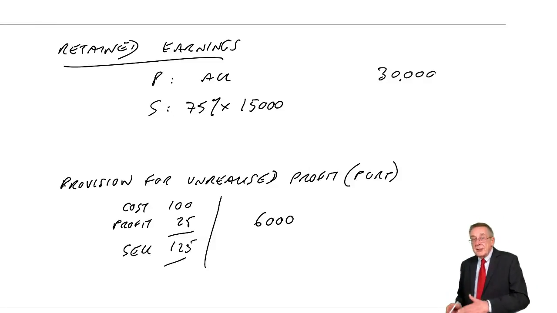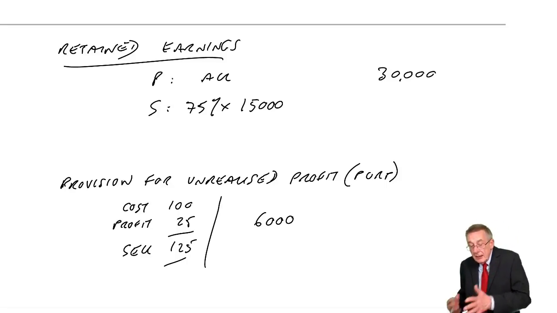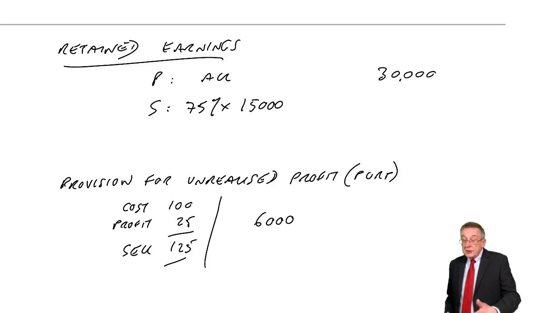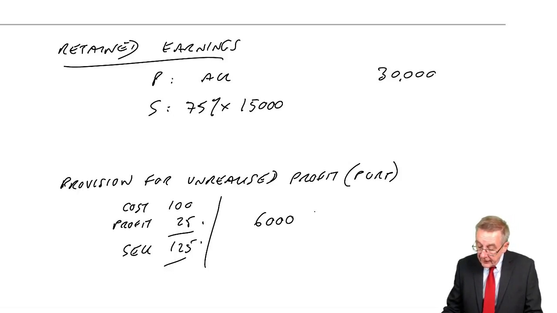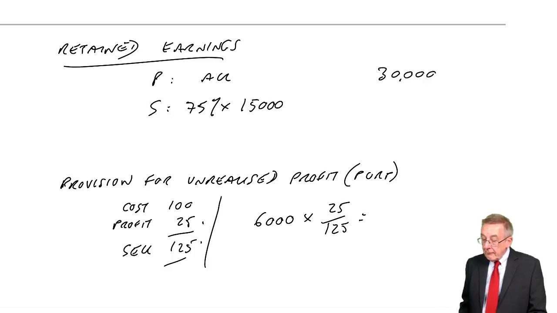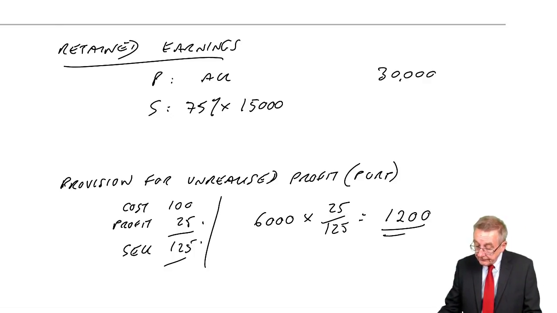So that's how much S had charged P. That's how much it was costing P. But S charged that much, it includes this profit. The profit is 25 for every 125. And therefore it includes profit of 1,200.